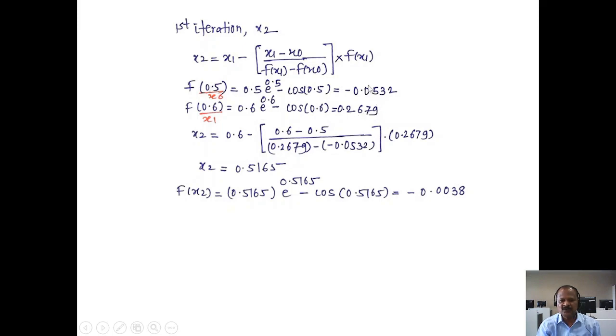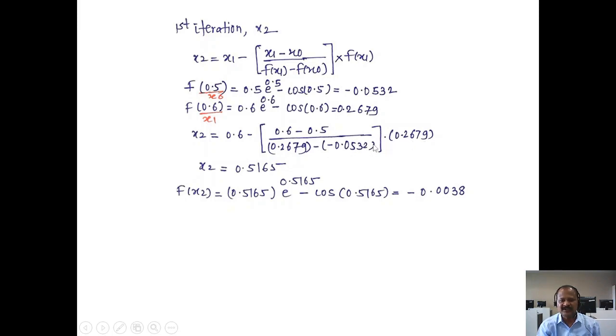Now all the values are known. Put these values in the equation. So x2 is equal to 0.6 minus (0.6 minus 0.5) divided by (0.2679 minus (minus 0.0532)), into 0.2679.